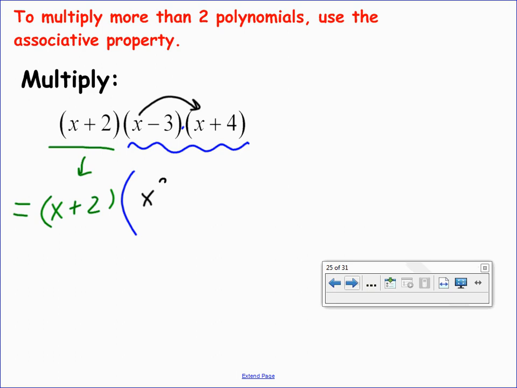So I get x squared, outer product, plus 4x, inner product, minus 3x, and my last, minus 12. So notice how we've taken 2 of the binomials and multiplied them together using the double distributive property, or what we call the FOIL method.